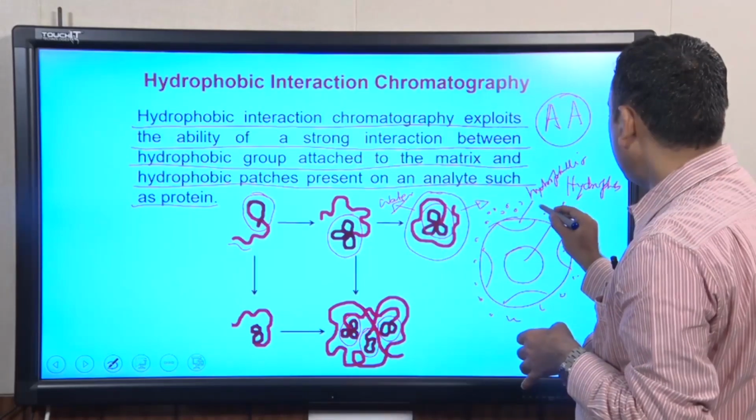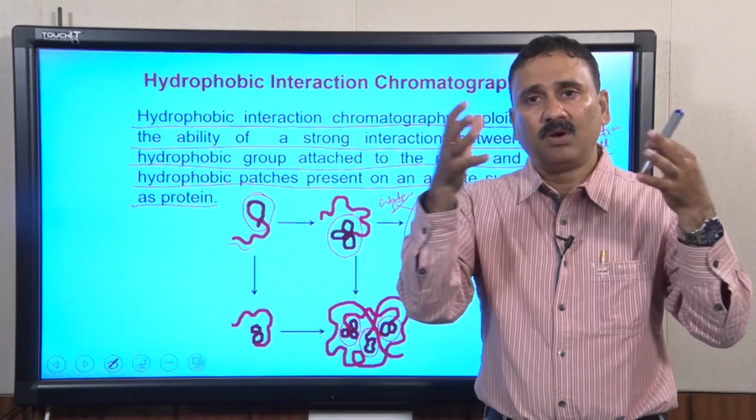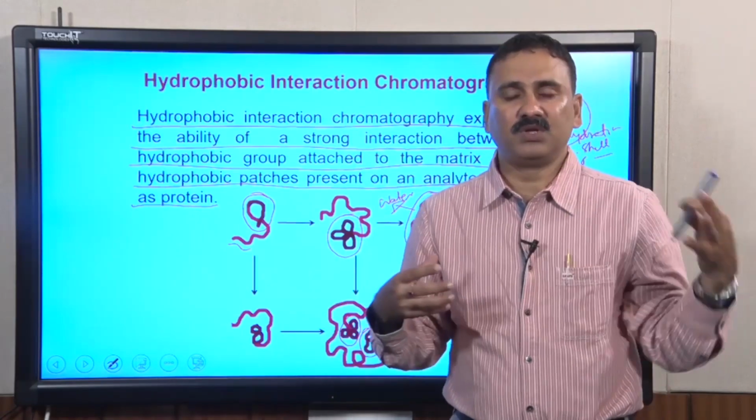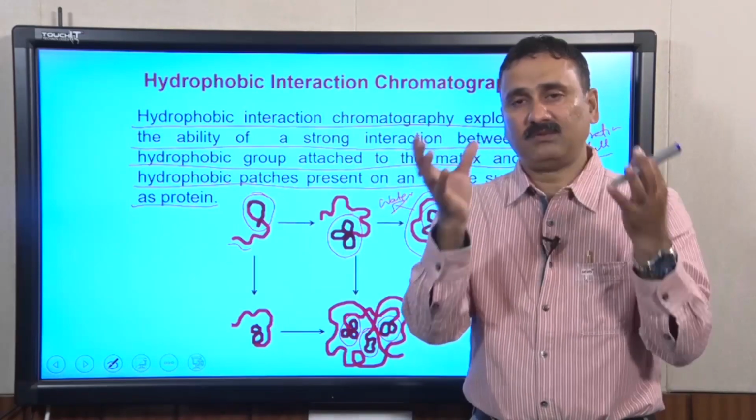These water molecules present outside are called the hydration shell, and the amount of hydration shell varies from one protein to another. It depends on the number of polar molecules and the negatively and positively charged amino acids present on the surface of the protein.